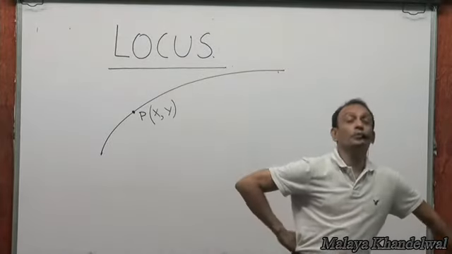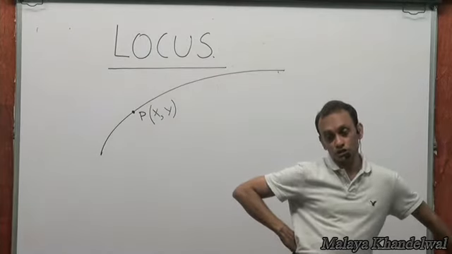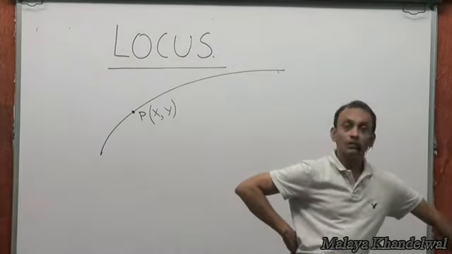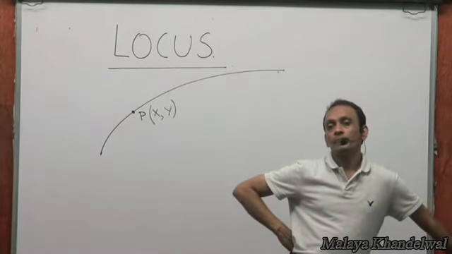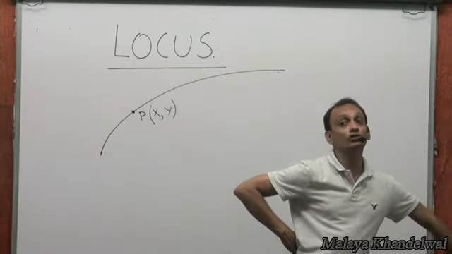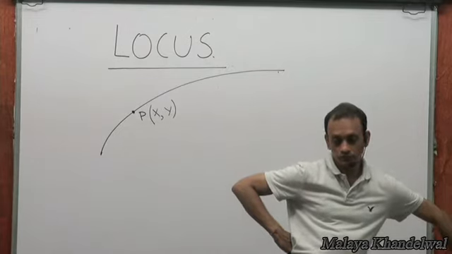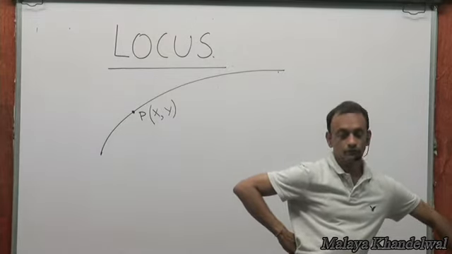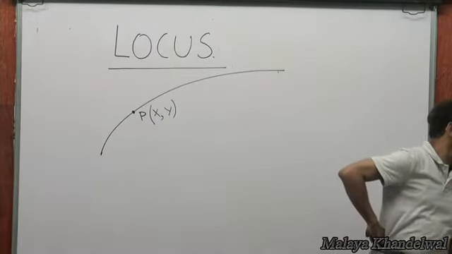First of all, write down: the point P moves according to a set of conditions, physical or geometrical, tracing a certain path.